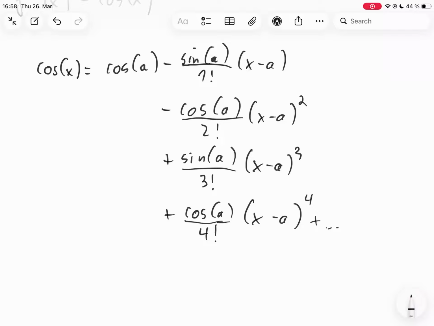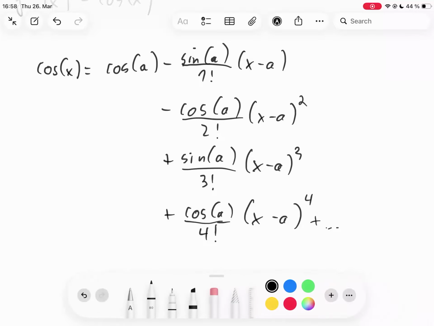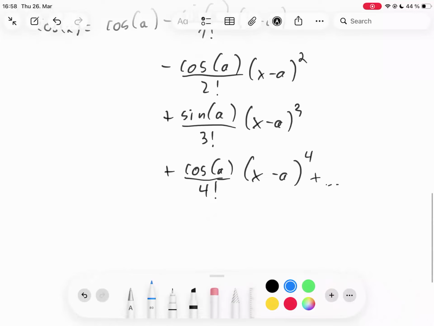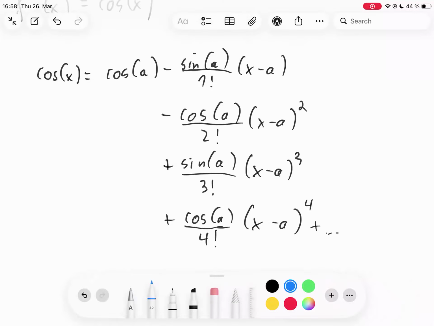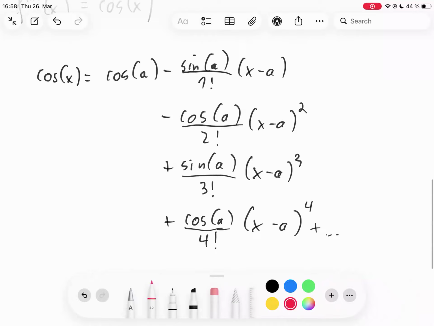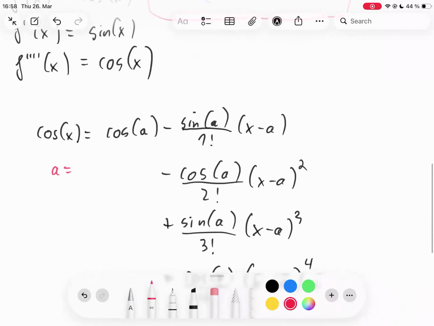And now we need to find some concrete value a for which we know the value of cosine and sine. So we put a is 0. Then cosine of a becomes 1.